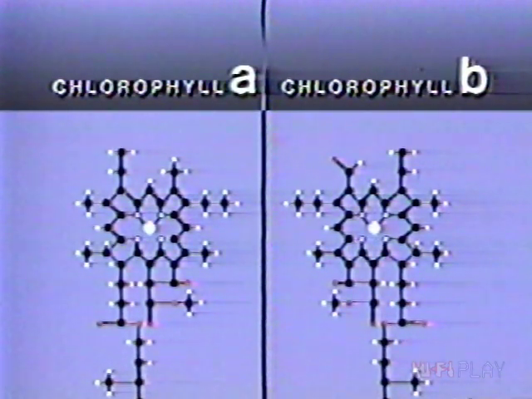Even though chlorophyll B has nearly the same molecular structure as chlorophyll A, it actually functions as an antenna pigment.